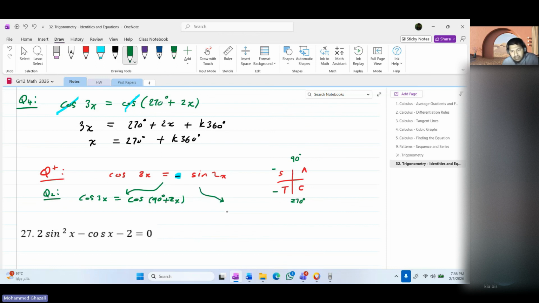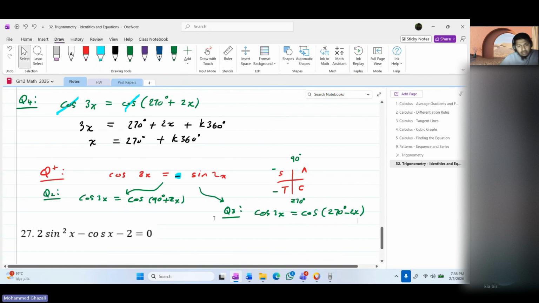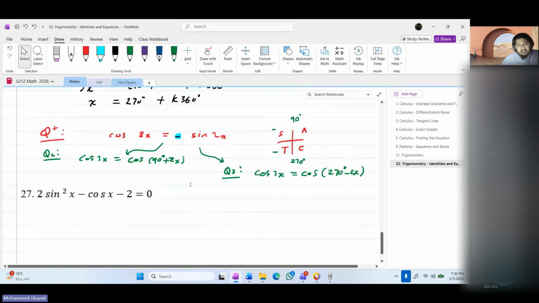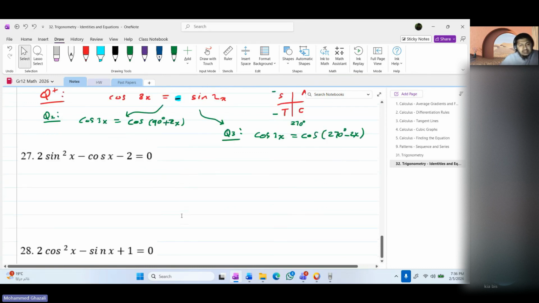And your third quadrant solution will be cos 3x is equal to cos of 270 minus 2x, 270 minus the reference angle, because you are only using 90 and 270 to reduce. We are using co-ratios, don't forget. So that's how you're going to solve that. And now you know how to solve this as well. Drop the cos and add K360 and continue from there. Easy.